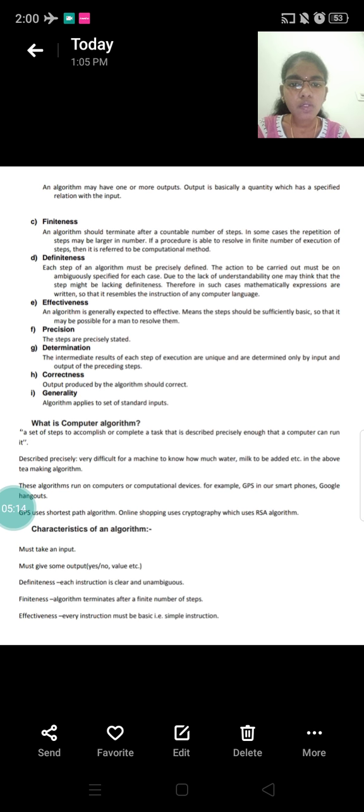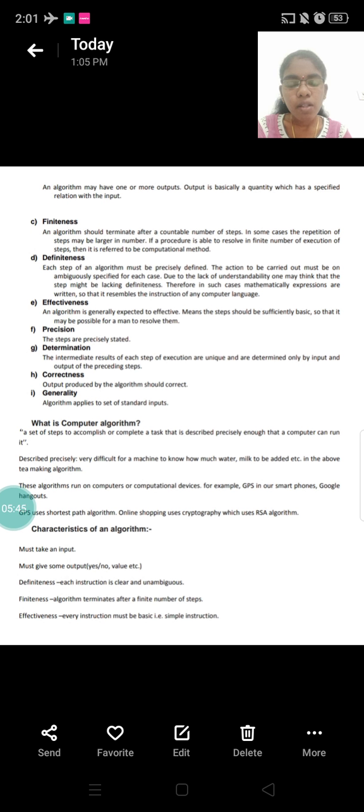Due to the lack of understandability, one may think that a step might be lacking definiteness. Therefore, in such cases, mathematical expressions are written so that they resemble the instructions of a computer language. Effectiveness. An algorithm is generally expected to be effective, meaning the steps should be sufficiently basic so that it is possible for a person to carry them out.